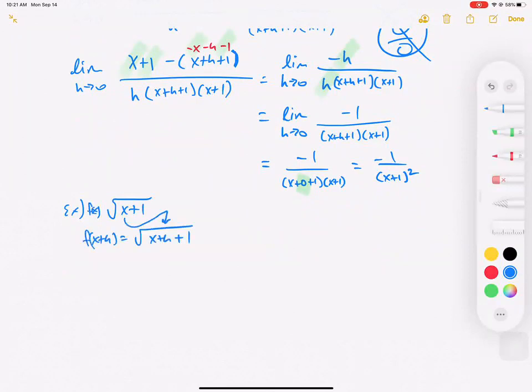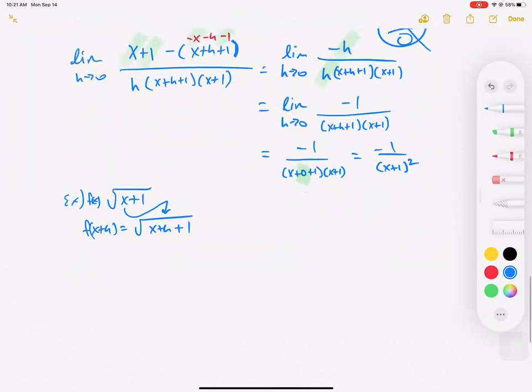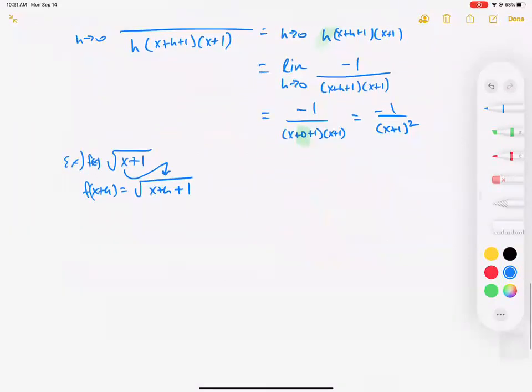I didn't write the parentheses because plus 1 doesn't matter. It's not going to hurt it. Save myself some time. I'm going to write our version. Limit as h goes to 0 of our new version, square root of x plus h plus 1, minus the old version, and all divided by h. As you can see, it's our new versus the old.